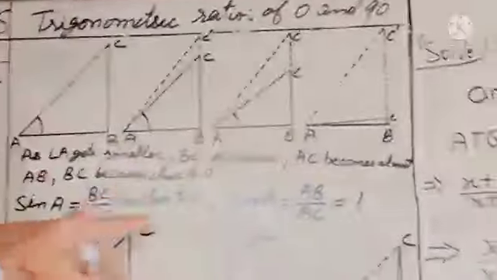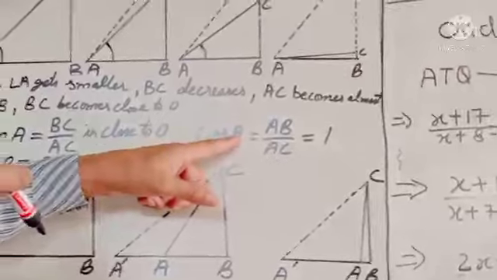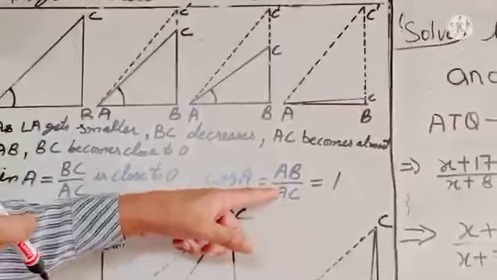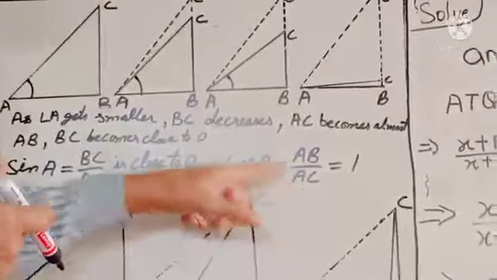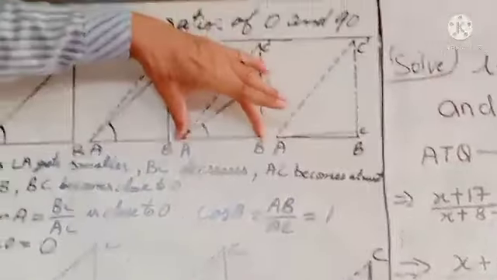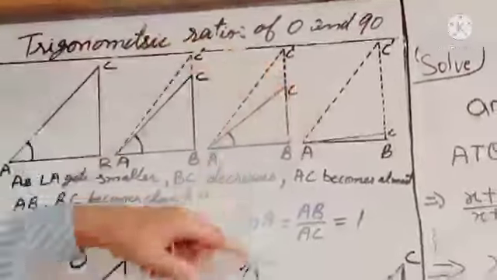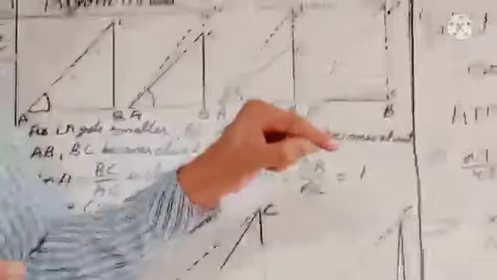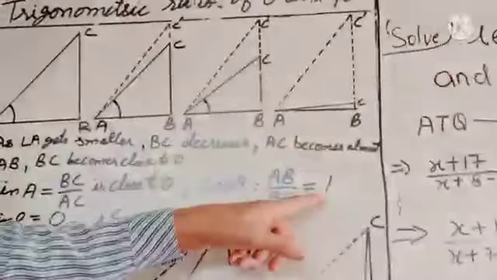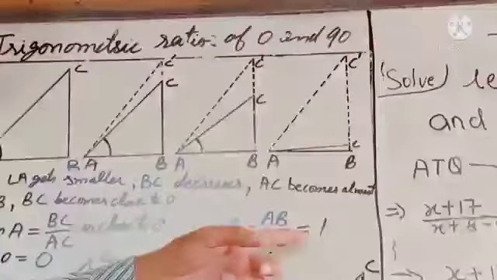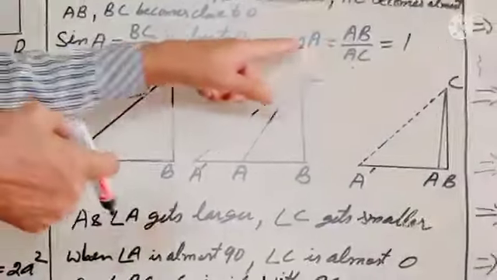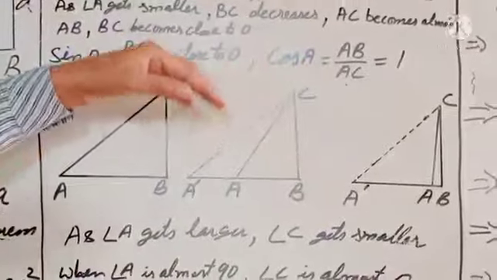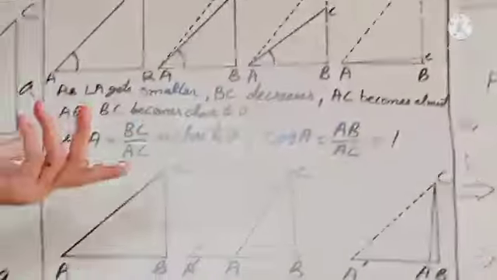Okay. Similarly, cos A, AB upon AC. But AC has become almost AB. So, same thing divided by the same thing gives us 1.